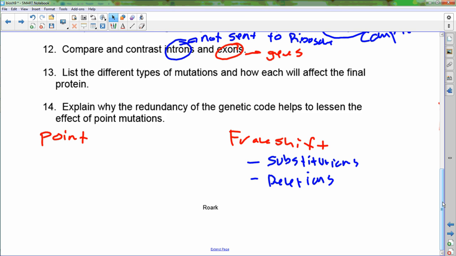Remember from the activity we did yesterday, those cause crazy changes because codons are always read three at a time. So if you take one out or you put one in, you shift the whole sequence. Oh, I'm sorry, getting in a hurry here. Not substitutions, insertions and deletions, right? Those are the frameshift. They completely change the whole order of the codons.